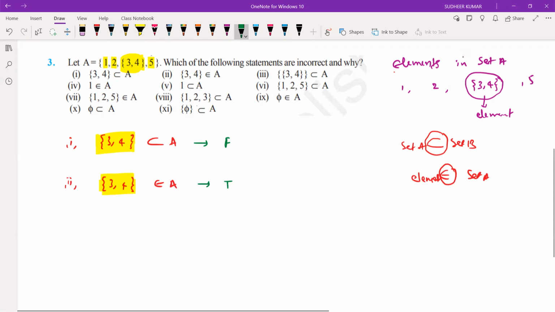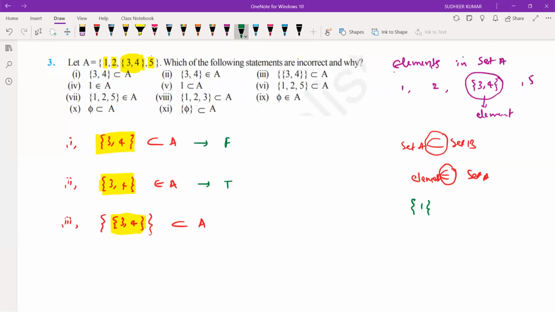Then go to the third one. The set of 3, 4 is an element, right? Now set of one element, subset of A. Is this a subset of A or not? Yes, sir.